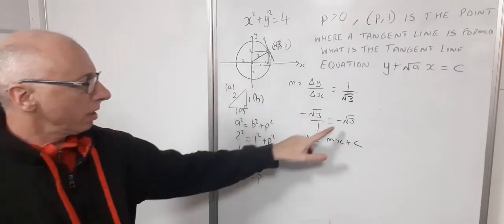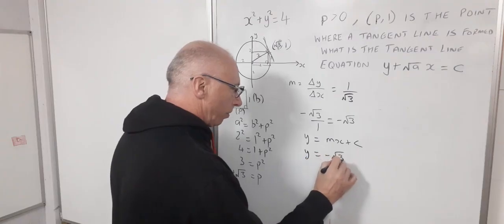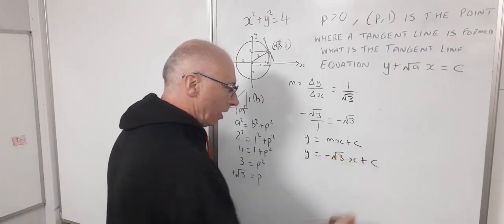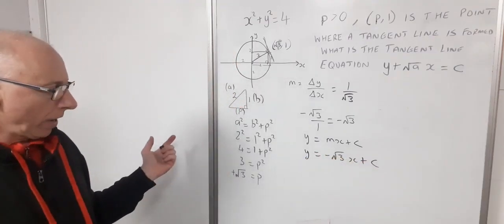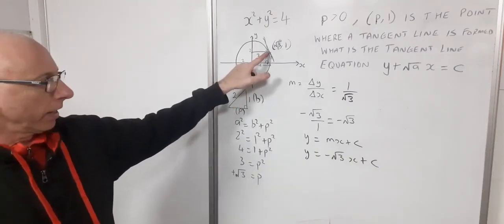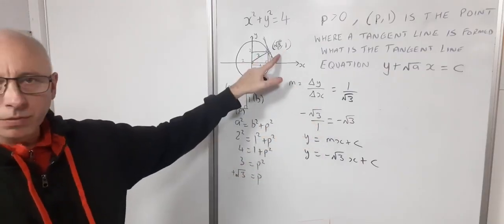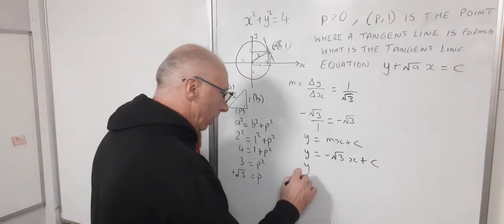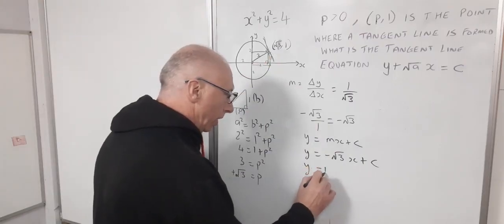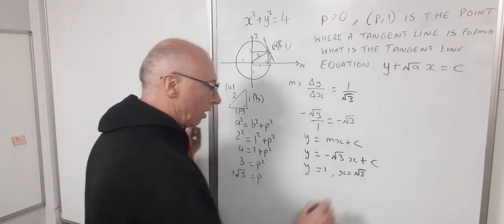We know what the m is, it's minus root 3. So y equals minus root 3x plus c. Now how can we solve for anything in there? Well, we've got this point here which we know is on our tangent line. So when y is 1, x is square root of 3. So y equals 1, x equals square root of 3.